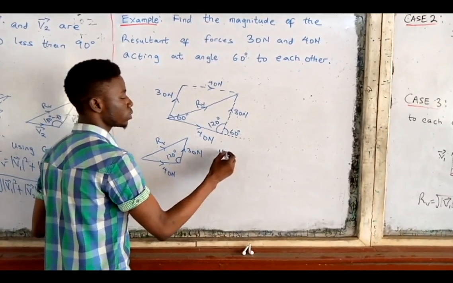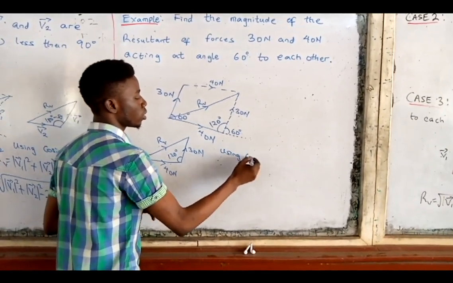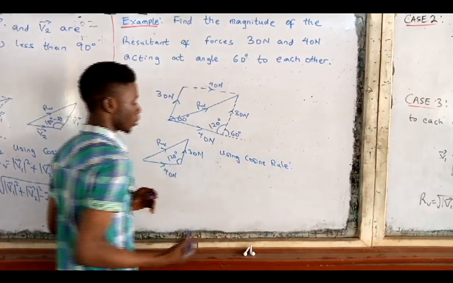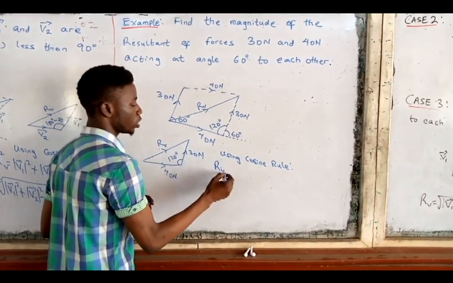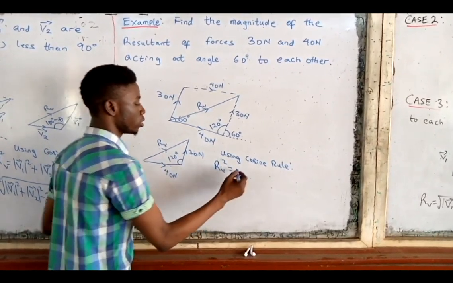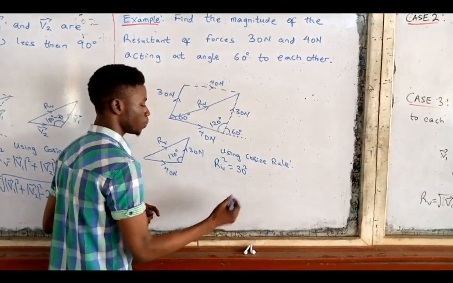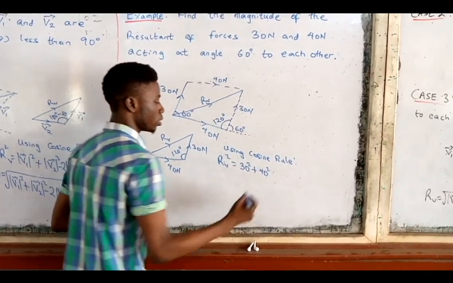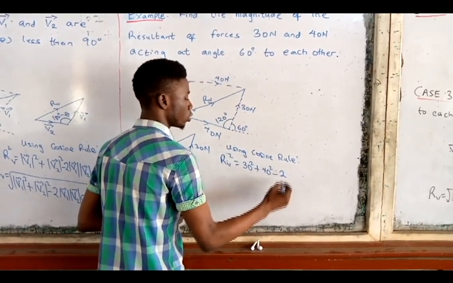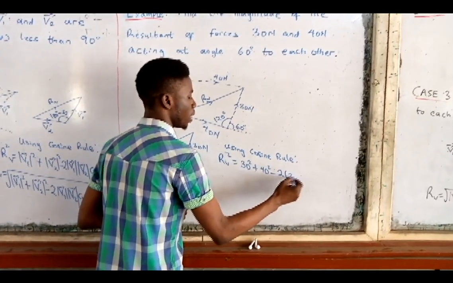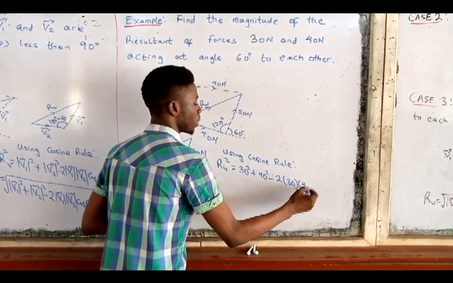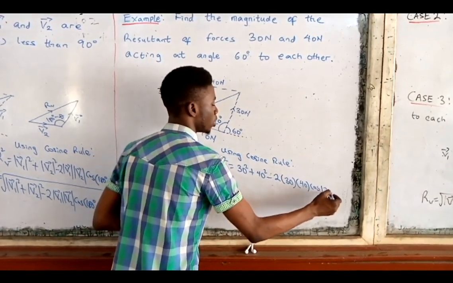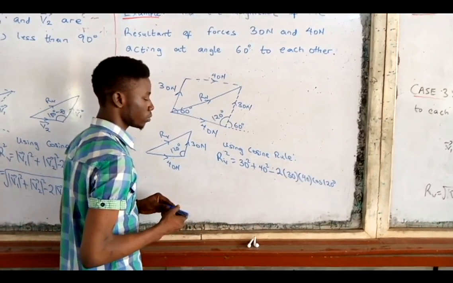Now, using cosine rule, the square of the resultant vector will be 30 squared plus 40 squared minus 2 multiplied by 30 multiplied by 40, then multiplied by cos 120 degrees.